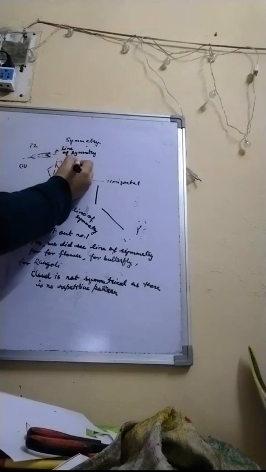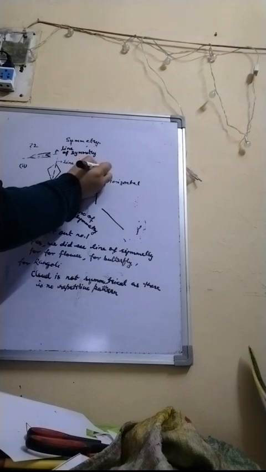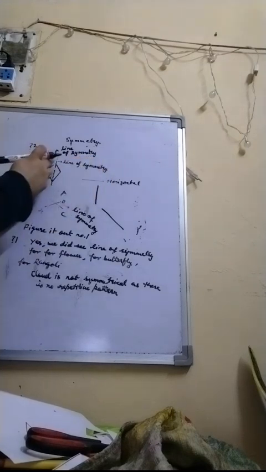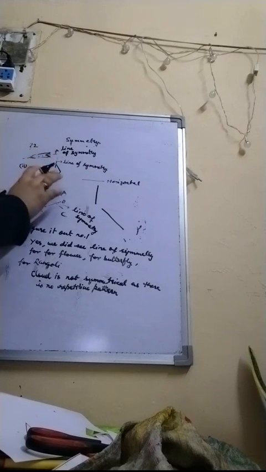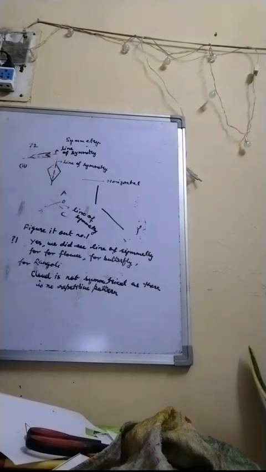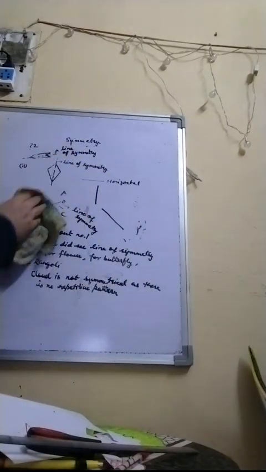When you see the line of symmetry, what you should understand is that it is divided into 2 parts. So one part should be able to overlap the other part, then you get a line of symmetry.